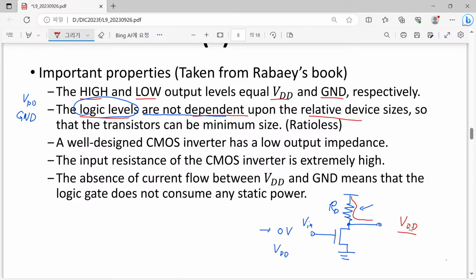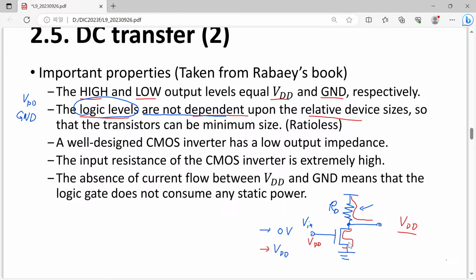Okay, good. However, think about this one. When we have VDD, now our transistor is turned on. Now this MOSFET tries to pull down the output voltage. However, make a comparison with our CMOS inverter.